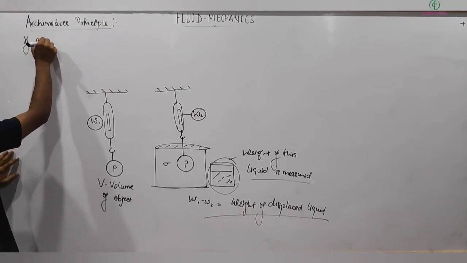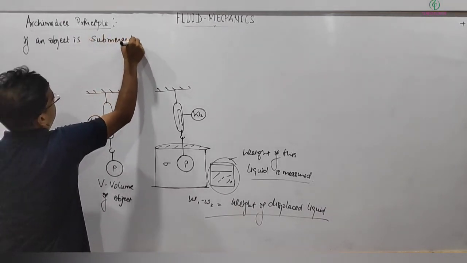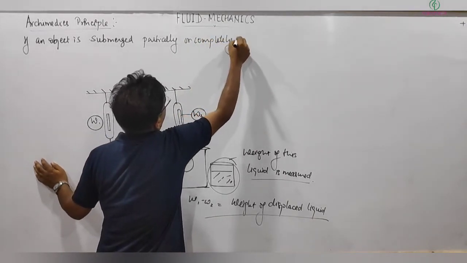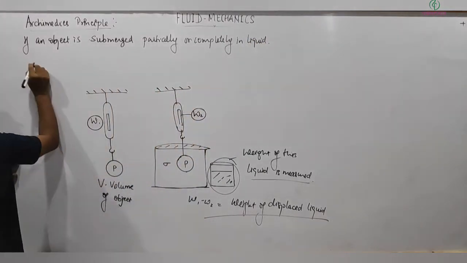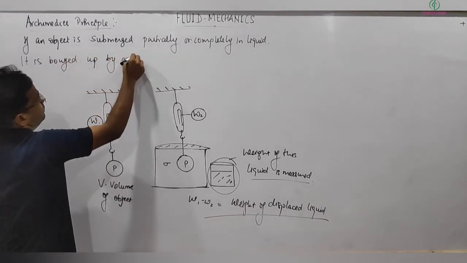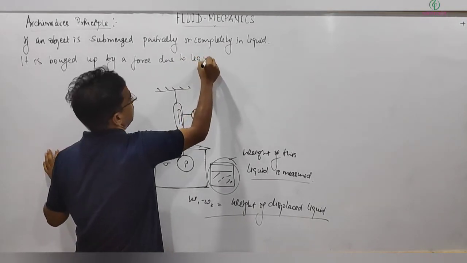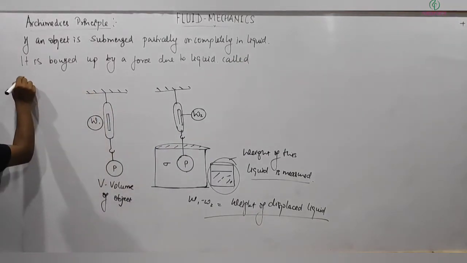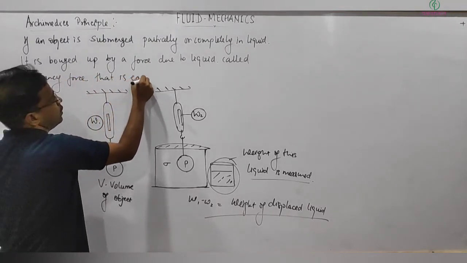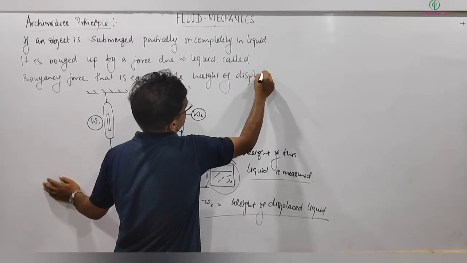If an object is submerged partially or completely in liquid, it is buoyed up by a force due to liquid called buoyancy force, that is equal to the weight of displaced liquid.